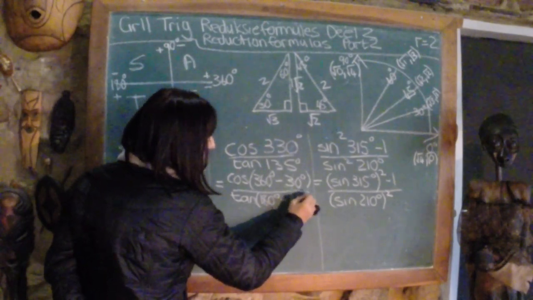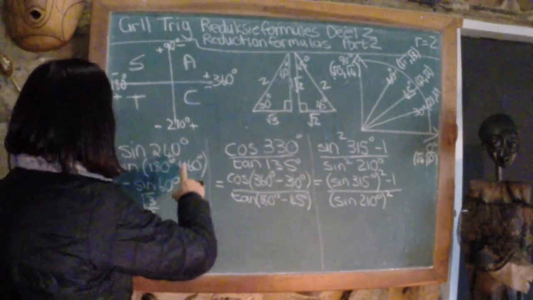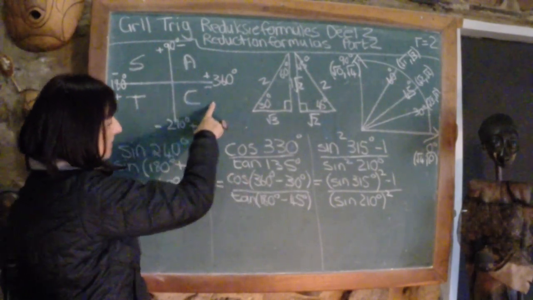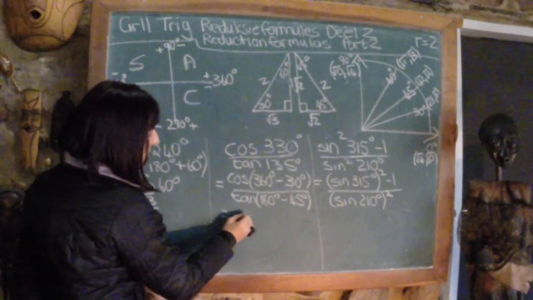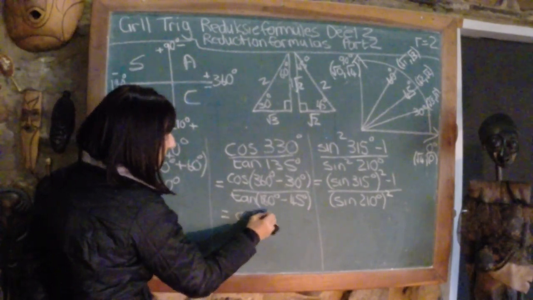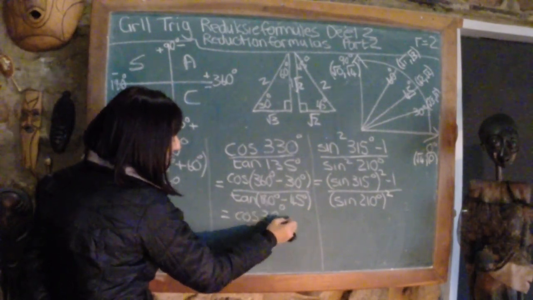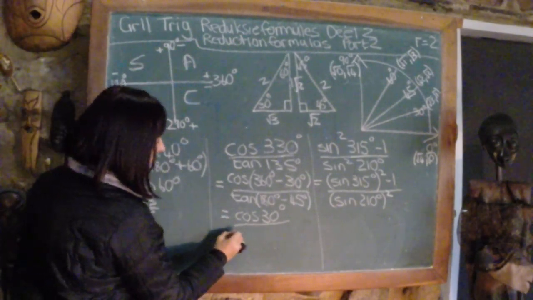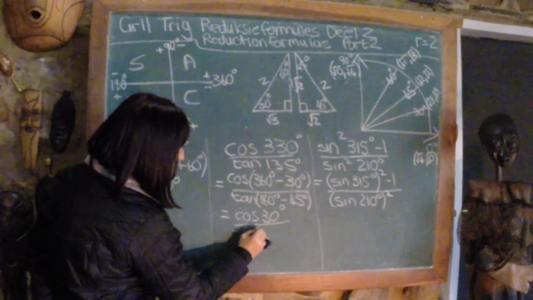And now we can first apply our reduction formulas. Cos 360 minus, daar is kos bly kos positief, so ek het die kos van 30 grade. En die tan van 180 minus is min tan van 45.